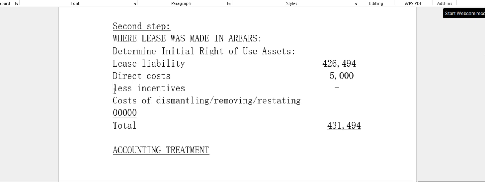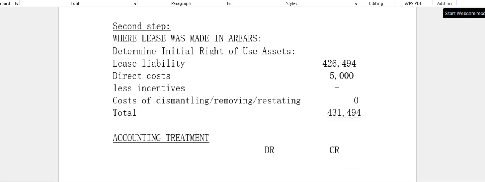We don't have incentives. Assuming we have incentives, we remove incentives. And then we don't have cost of dismantling. Assuming we have it also, we will put it there. But since we don't have it, I'm just putting it so for your seeing sake. This is how you do it.